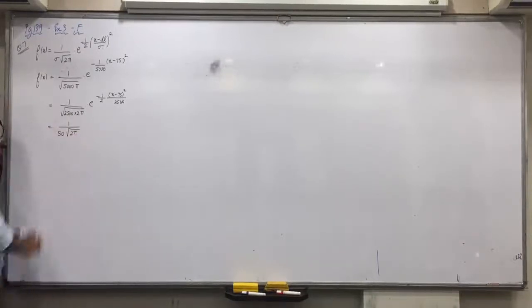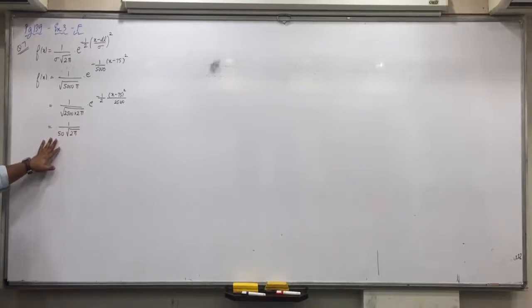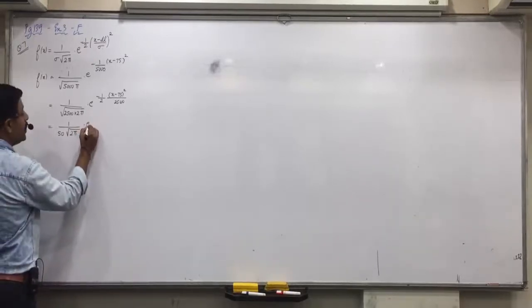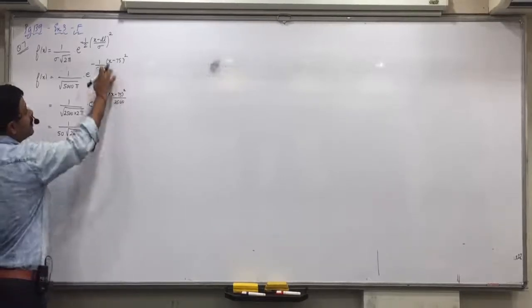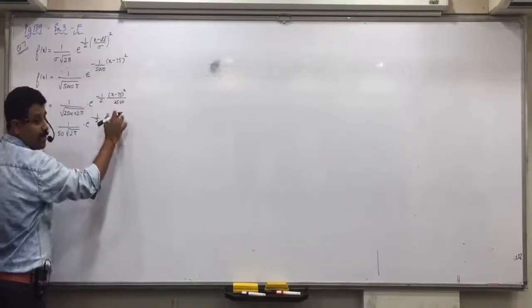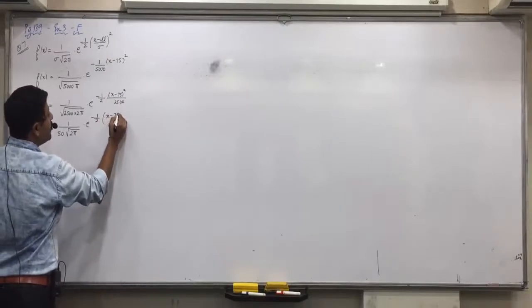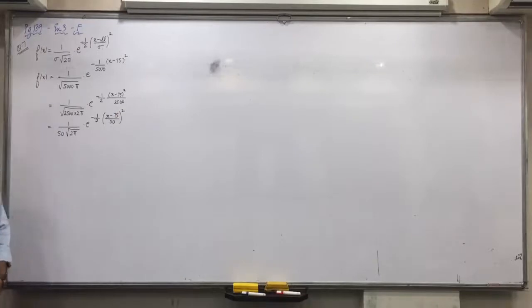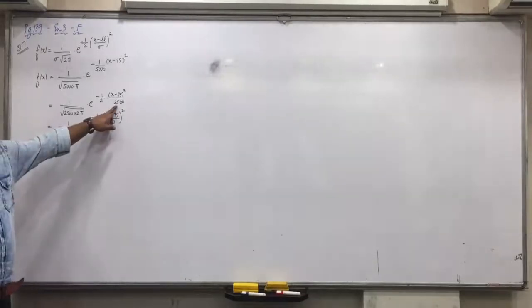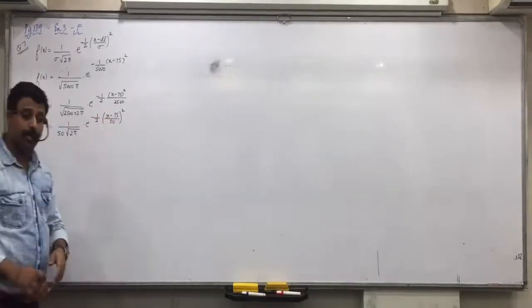So if you take 2500 outside the square root, then it becomes 50. Did you understand this? Into e raised to minus 1 by 2. Again 2500, if I express it as a square, is 50 square. So x minus 75 upon 50 whole square.